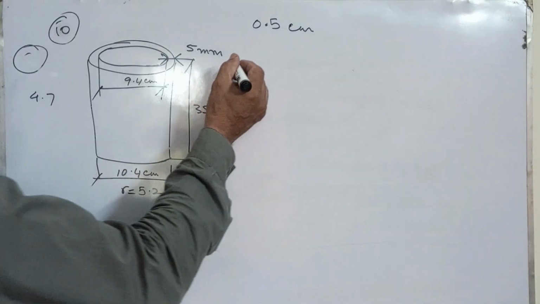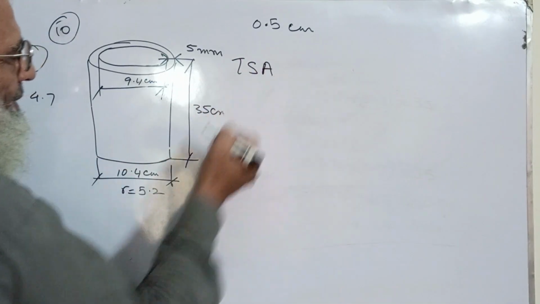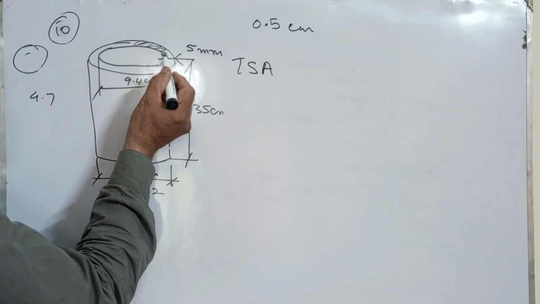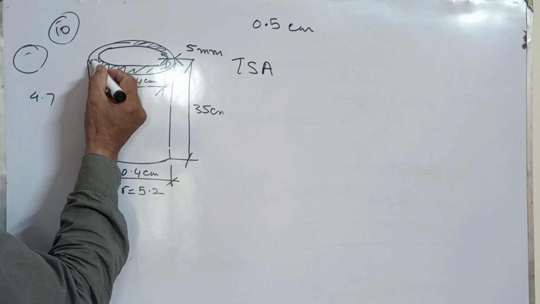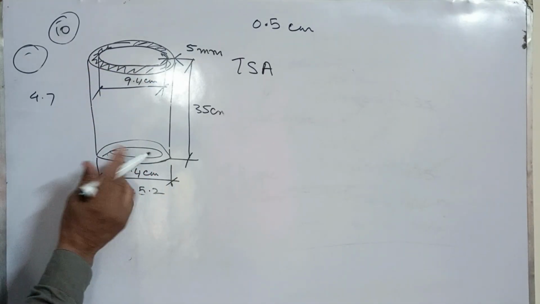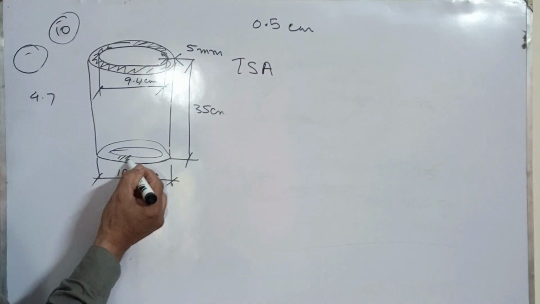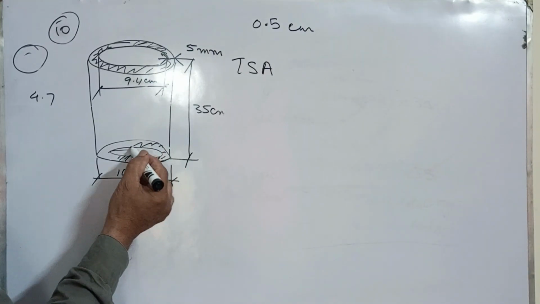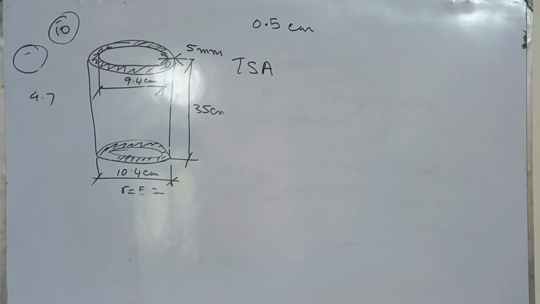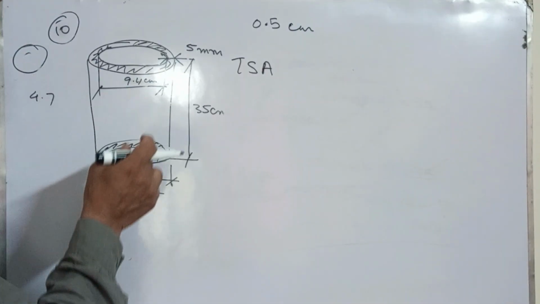A total surface area, TSA or LSA. Now you see that this will also be considered here and at the bottom, because this is a tube or pipe with a thickness of 5 millimeter. So how will we calculate it?